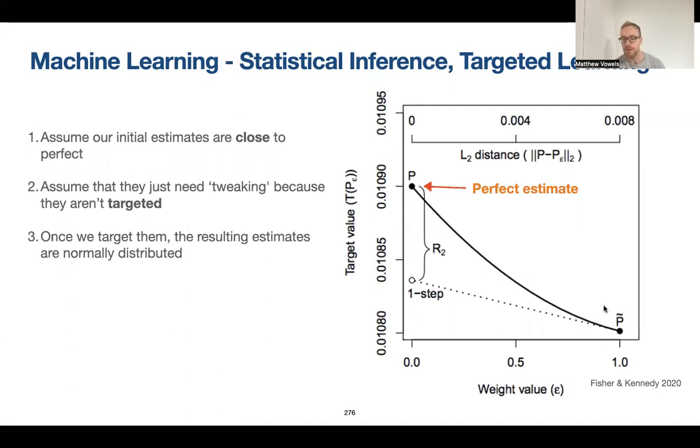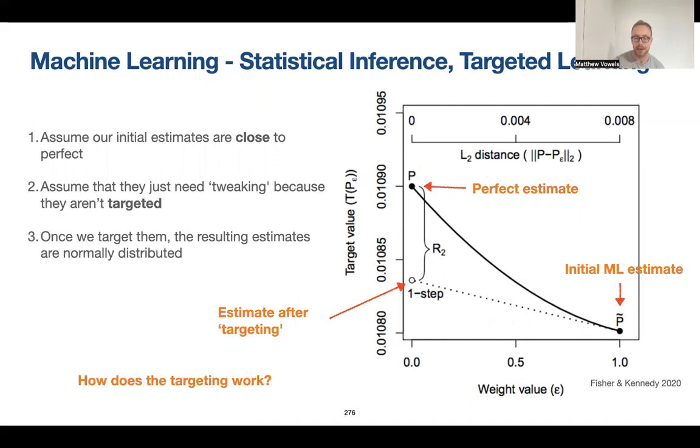So when we have our empirical estimate, our initial estimate here, we might find that the estimate is around 0.0108. And what we want to do is move in the direction of the true value by taking this gradient step. And that's what this step affords us. After targeting, we get closer to the perfect estimate, and we also end up with these statistical quantities that we need. So the remaining question is, how does this targeting work?